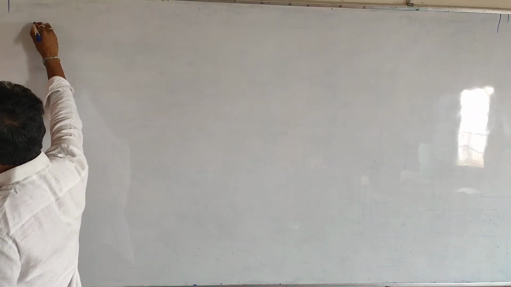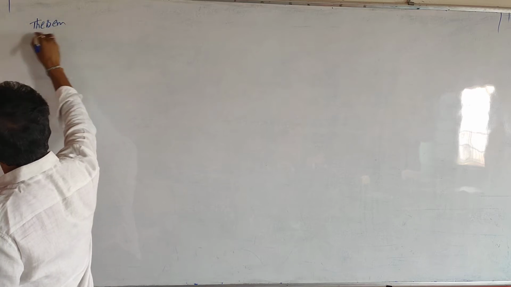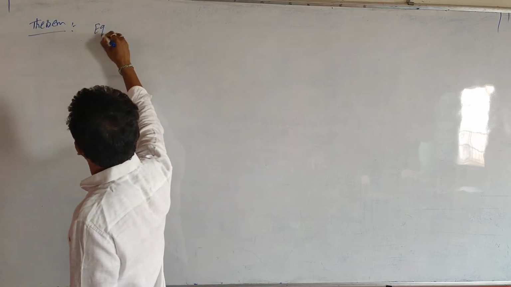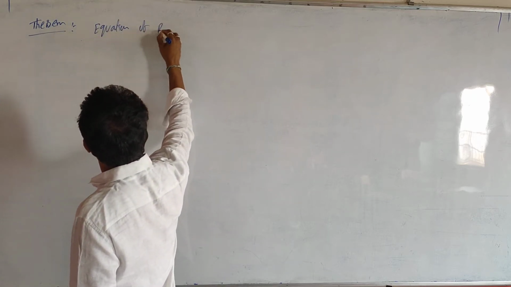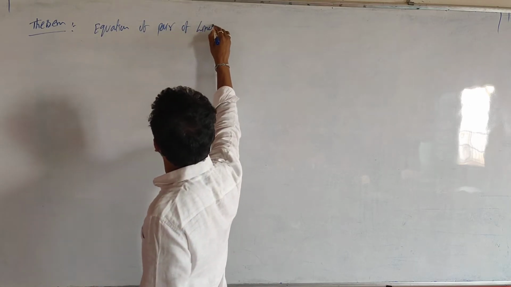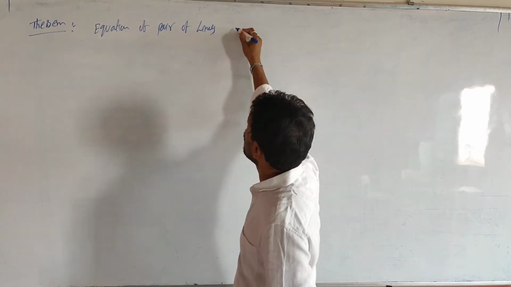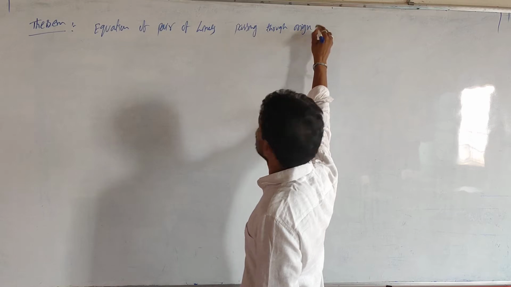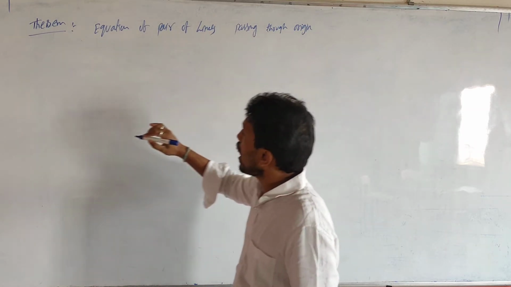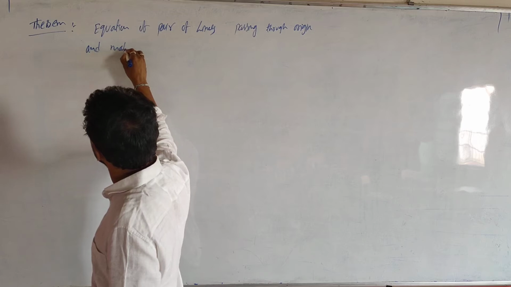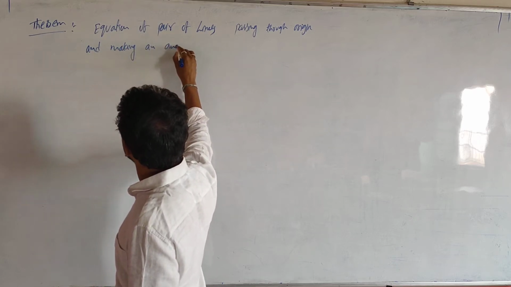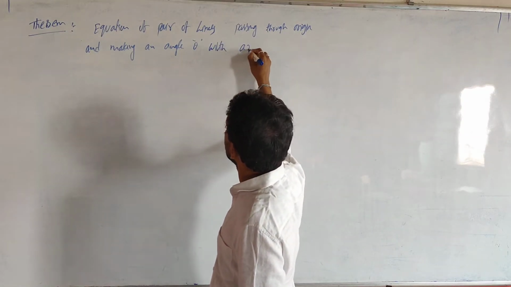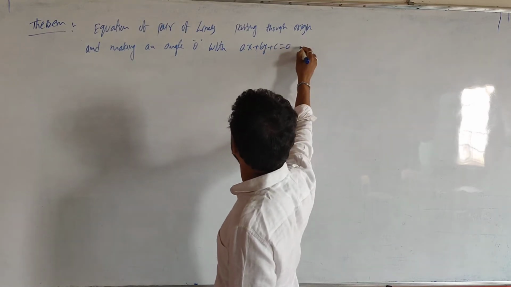Our next theorem is the equation of pair of lines passing through origin and making an angle theta with the line ax plus by plus c is equal to 0.